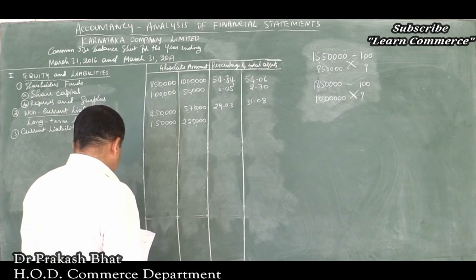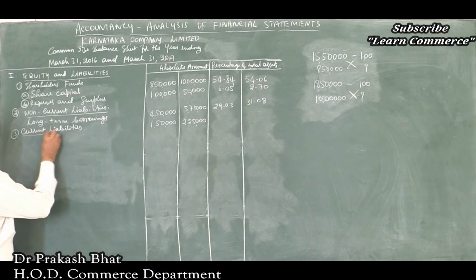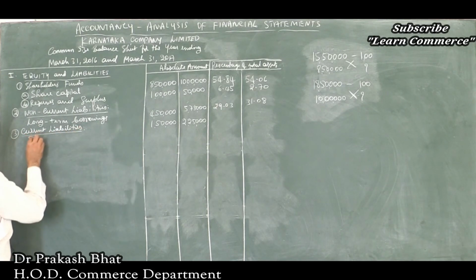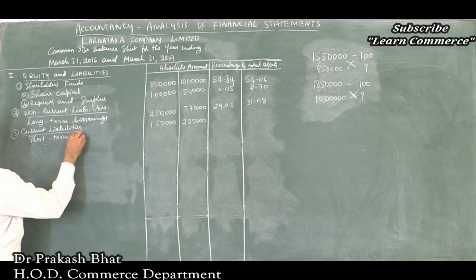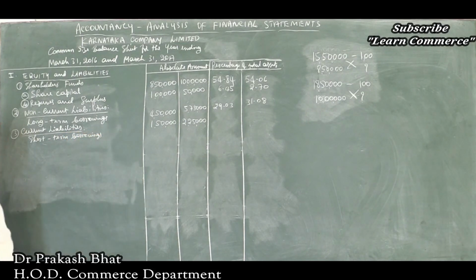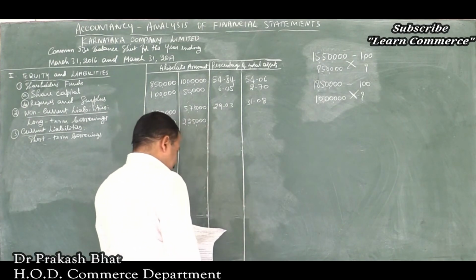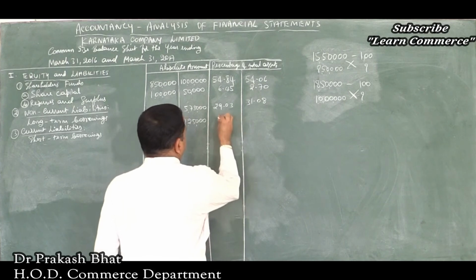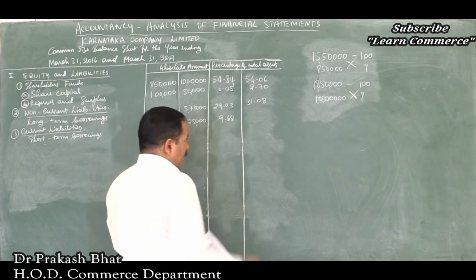Under current liabilities, actually, they told us short-term borrowings. So right here, short-term borrowings: 1,50,000, 2,25,000, and percentage 9.68 and the last one is 12.16.